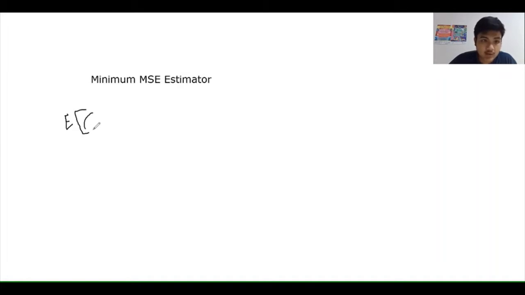We write the estimation error, times the function, and that is equal to 0. This is the orthogonality principle.